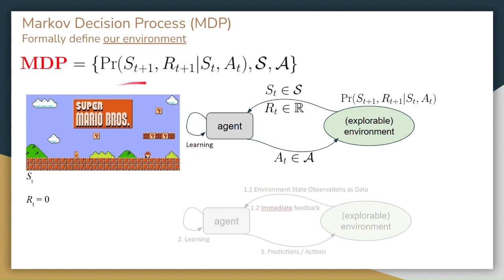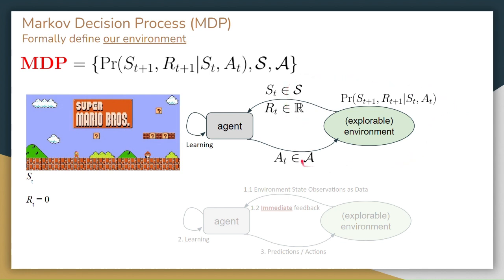And all of this together, you see the conditional probability, the possible states and the possible actions. These three things together explain all of the environment.